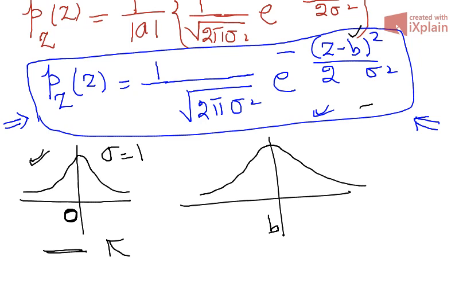And if you have a non-zero mean, sigma may be unity, sigma may be 1 here. So you just shift this mean to some other value, some value B, which appears in this expression in that exponent.